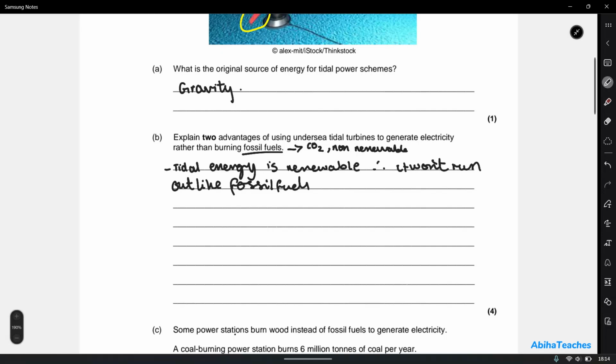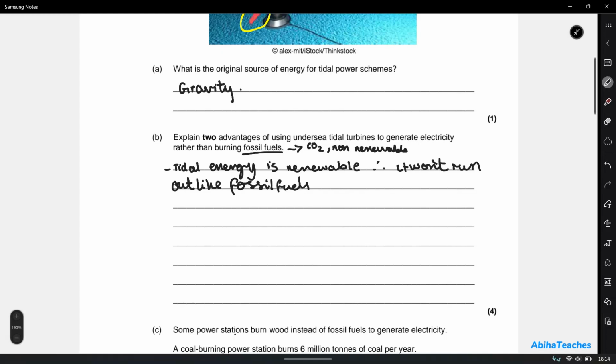We could also say that undersea tidal turbines don't emit CO2, so they won't contribute to global warming. We could also say that they don't produce particulates, so less effect on health.